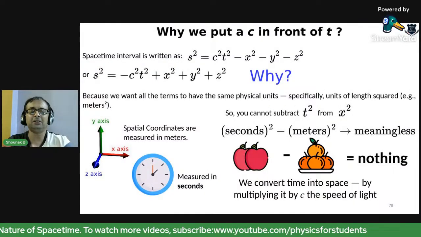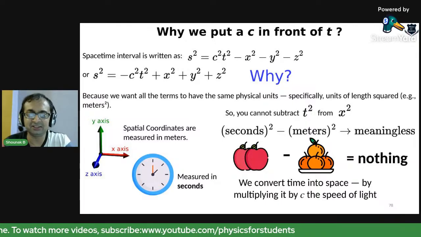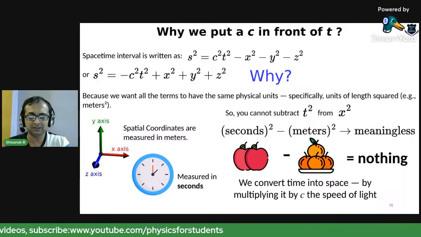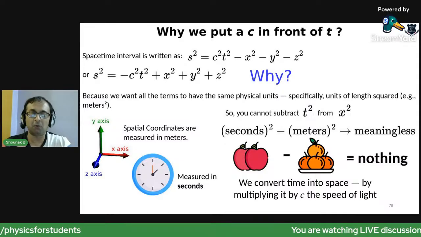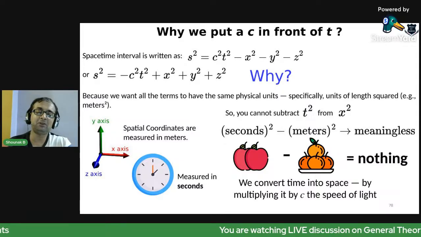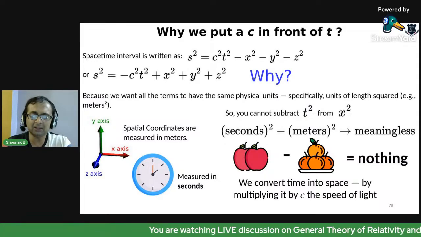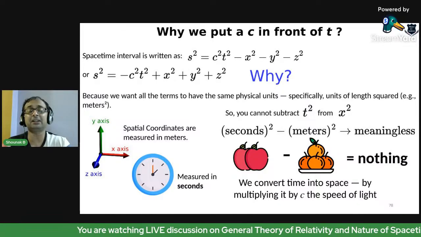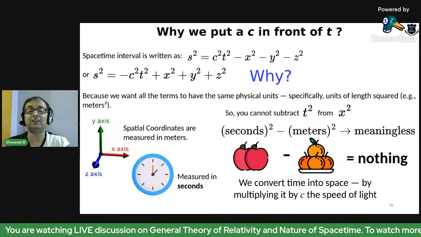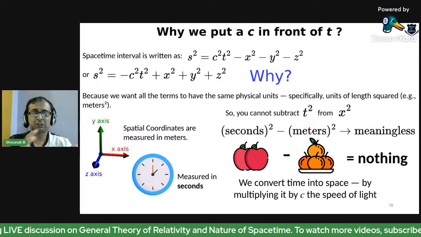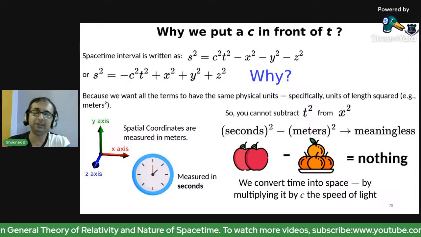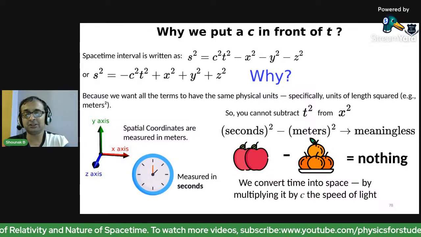First of all, you see that the space-time interval is written as s squared equal to... or I omit c squared and write it as this. Now why? Remember one thing: we want all the terms to have the same physical units, especially the unit of length squared. So spatial distances are in meters. Time is measured in seconds.